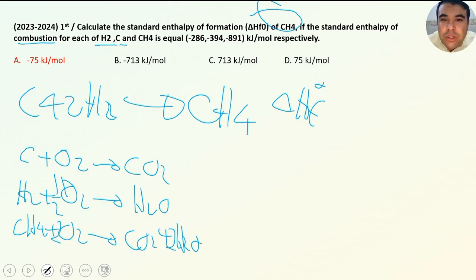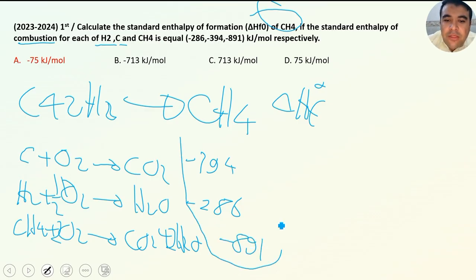The combustion of H2 is minus 286. The carbon minus 394. And then minus 891. These are the enthalpies, delta HCs. But it needs the enthalpy of the above equation, guys. So simply use Hess's law to solve this question. The carbon is in the reactant, here is in the reactant, 1 mole, 1 mole, so we write this amount the same.